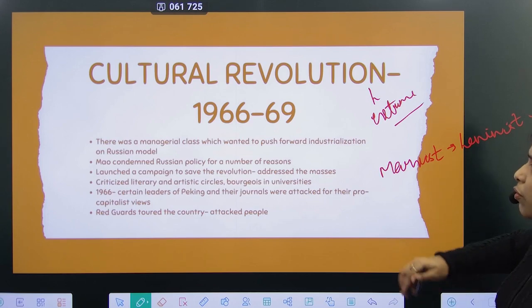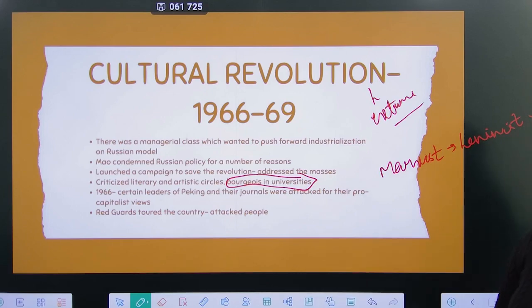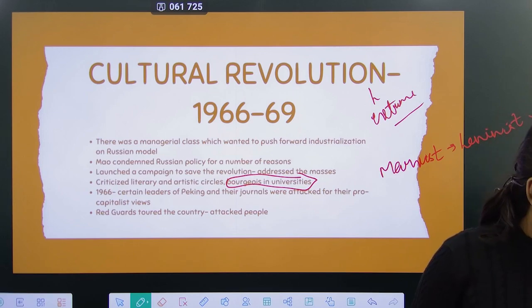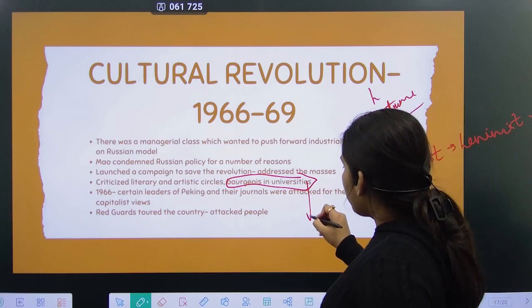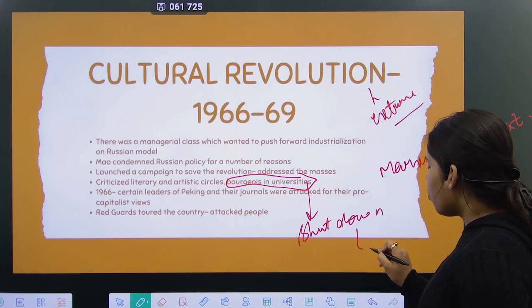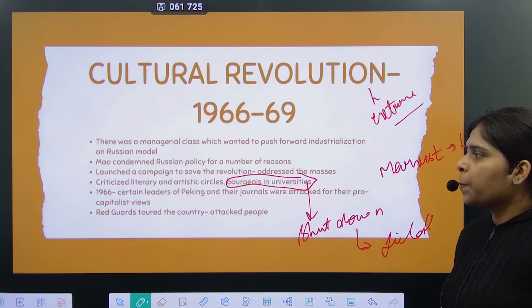He criticized the bourgeois in universities, saying that you are the ones who are not understanding the Chinese situation. You are trying to bring us on the Russian model. And yeah, he also shut down universities and asked students to go to the field and observe how the farmer works. Okay?